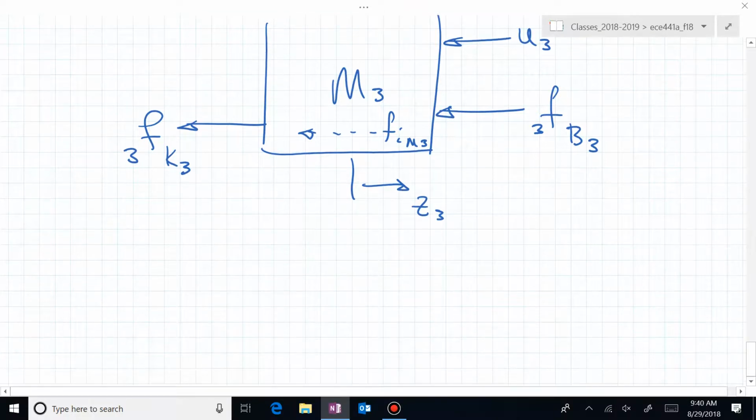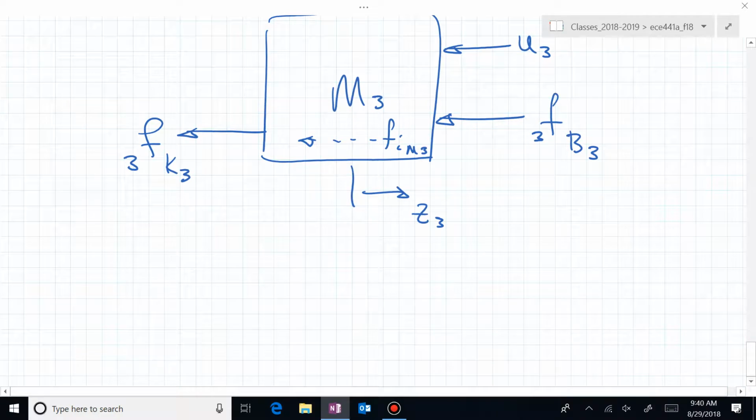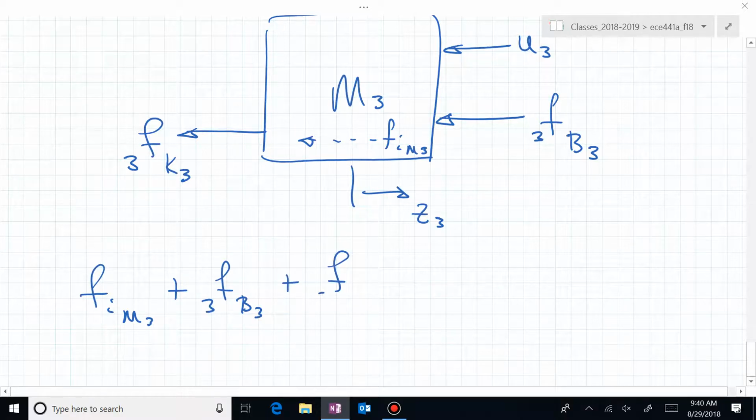All of those are going in the same direction. Now the applied force is going in the same direction as the others. We now have F sub I sub m sub 3 plus F3 of B sub 3 plus F3 K sub 3 plus U sub 3 equals 0.